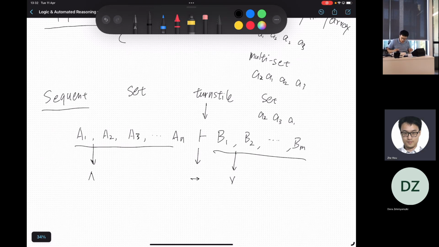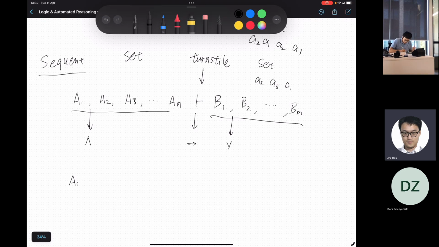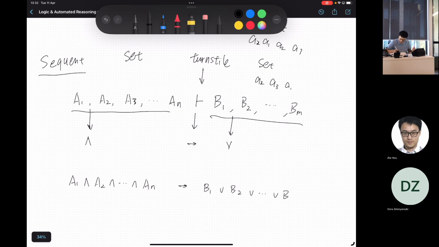So a sequence in the above form is interpreted as the logical formula A1 and A2 and ... and AN implies B1 or B2 or ... BM. This is how you understand a sequence. This is everything you need to know about a sequence.